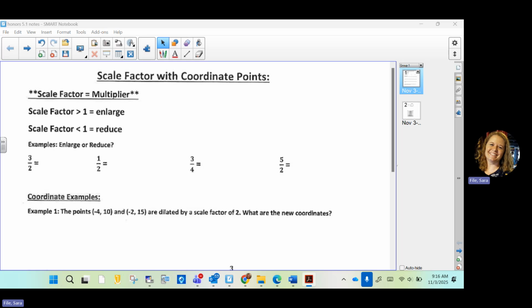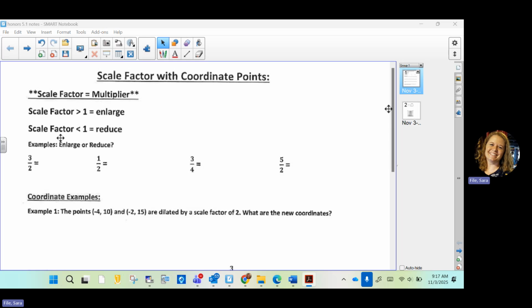Does that make sense? Do y'all understand what I'm talking about when I say scale? Okay, so with scale factor with coordinate points, our scale factor you can think of as your multiplier. So if your scale factor or your multiplier is greater than 1, you're going to be scaling up. You're going to be enlarging the image.